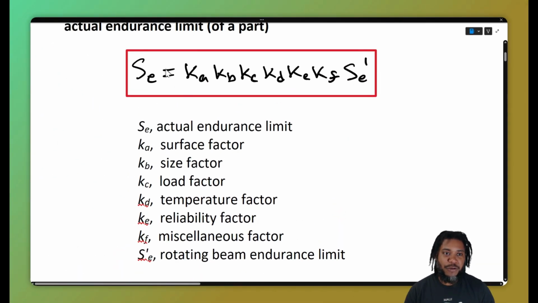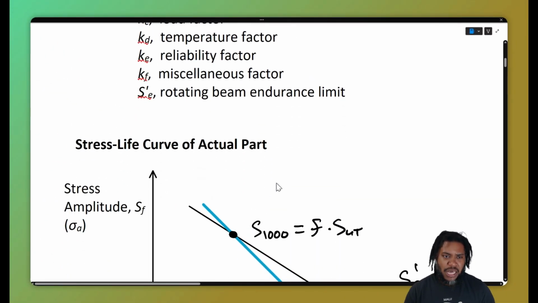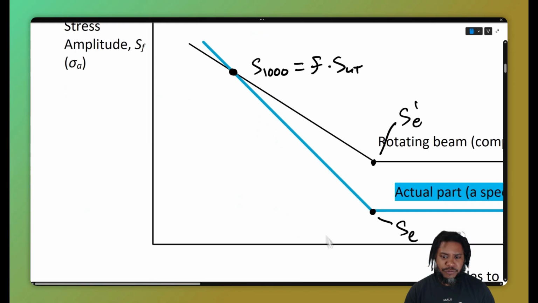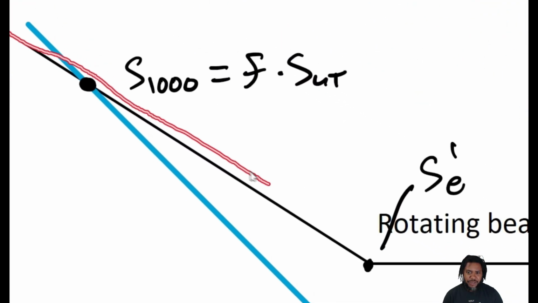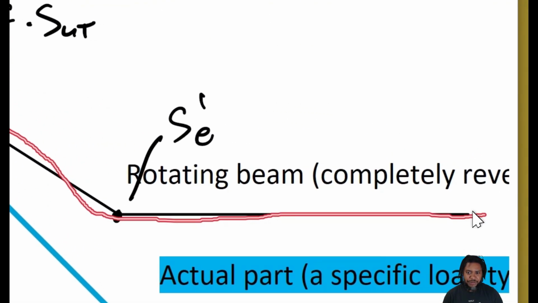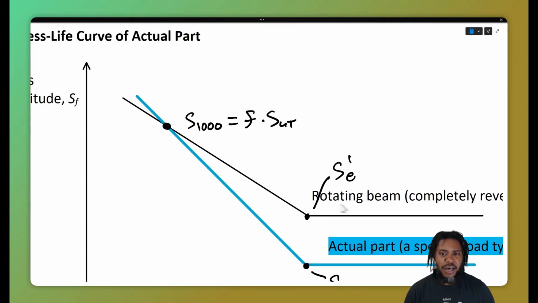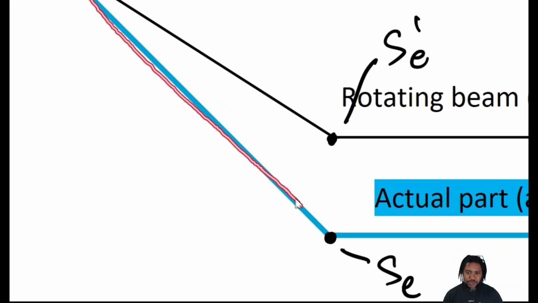Now, what is the effect of finding this Se, this actual endurance limit? Well, when we look at our stress life curve and we consider that the curve is commonly representative of our rotating beam completely reversed condition, when we apply our factors, our k factors, to our actual part, we in essence are knocking down the endurance limit.